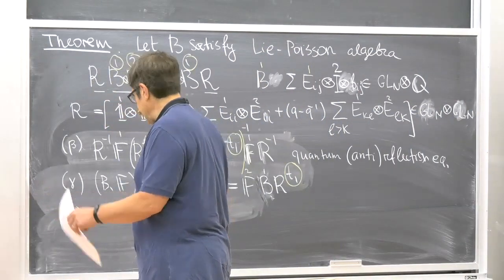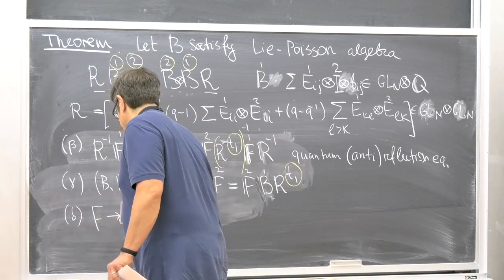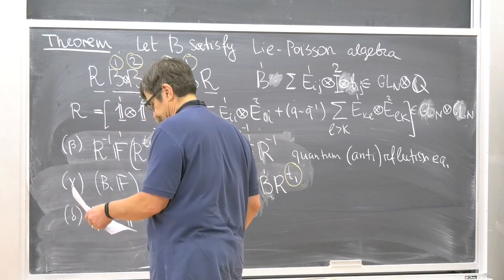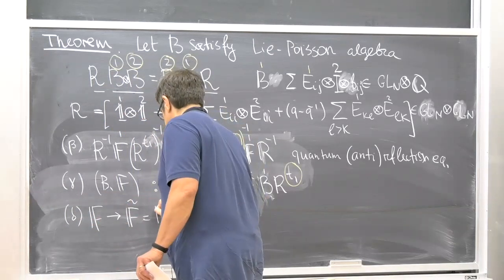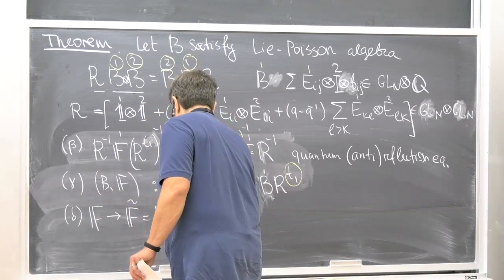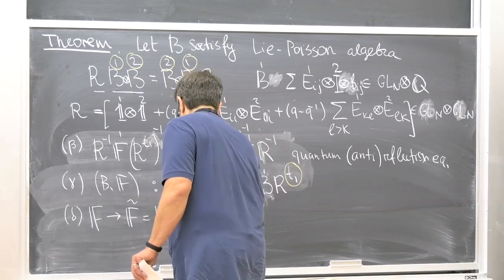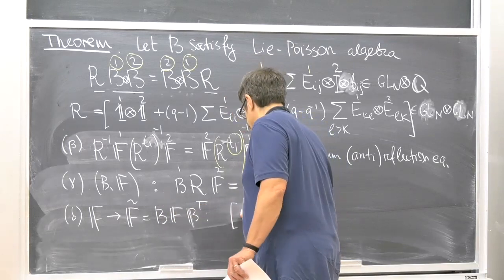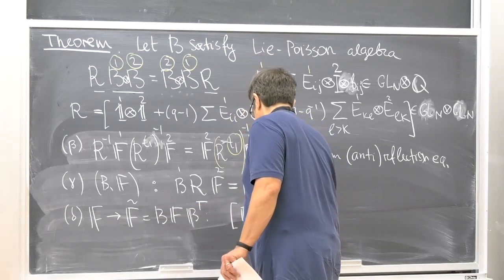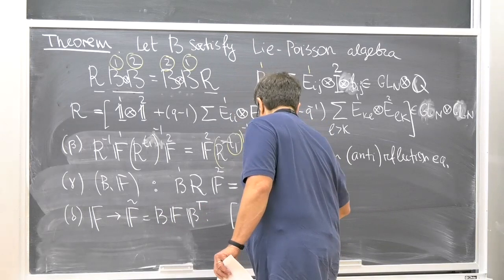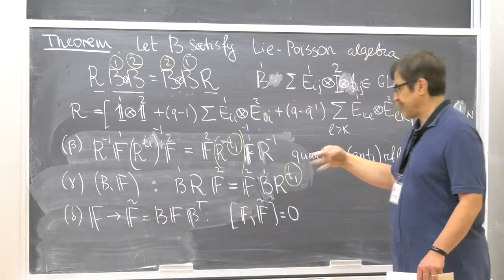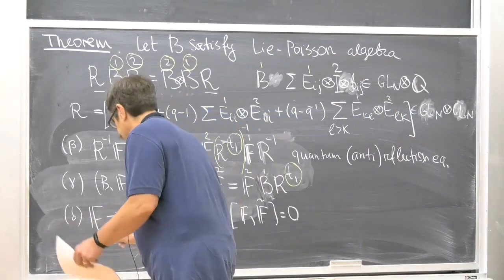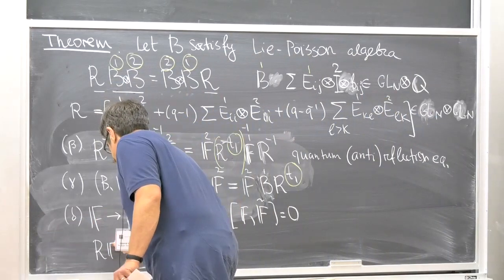Finally, if we consider a map F to F twiddle given by V F V transposed, then F and F twiddle commute. And finally, the algebra of this F twiddle is the reflection equation itself.